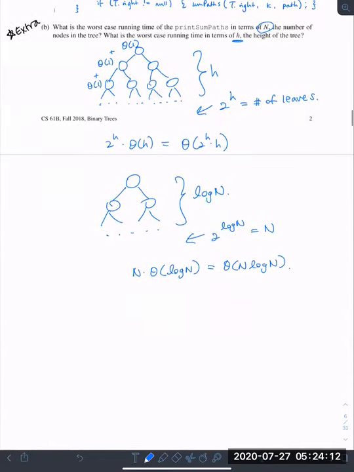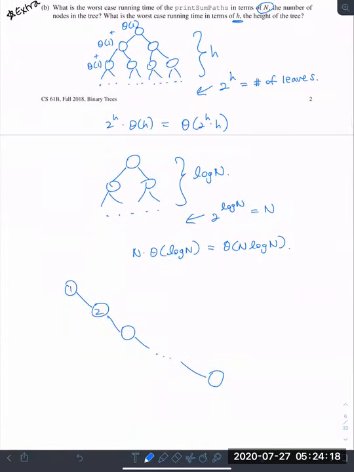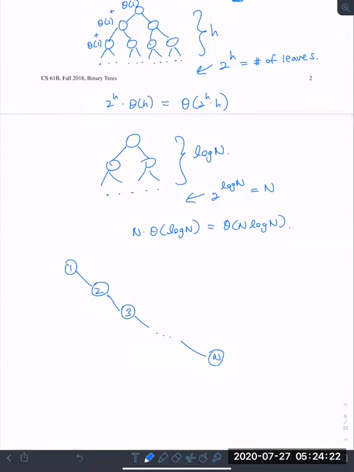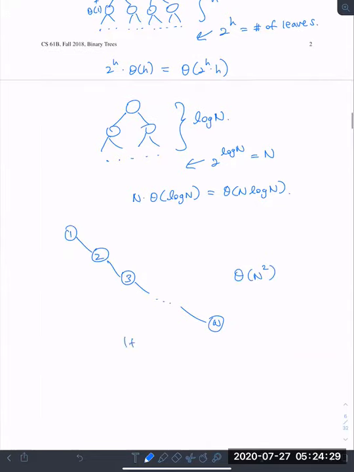Whereas before, if we assumed a spindly tree, such that it looked like a linked list, where all n nodes were occupying a complete level by itself, then our runtime ended up being n squared. Because we had to do 1 plus 2 plus 3 plus all the way to plus n concatenations.